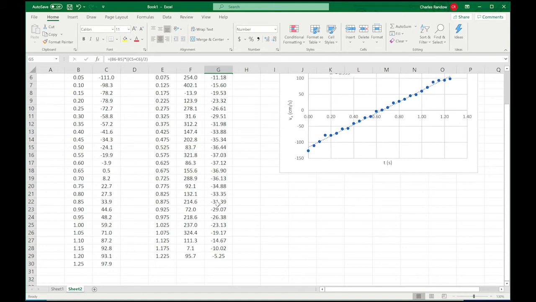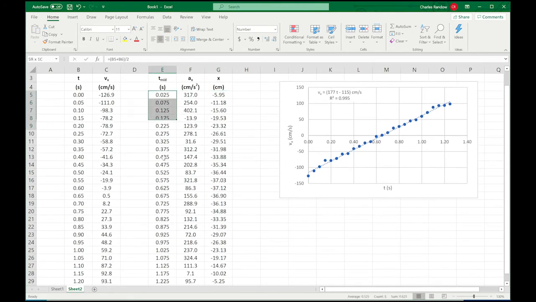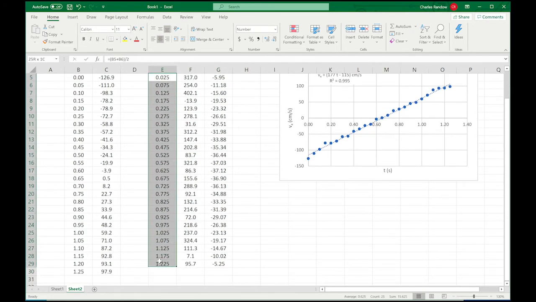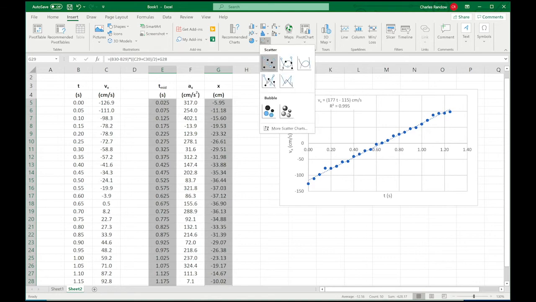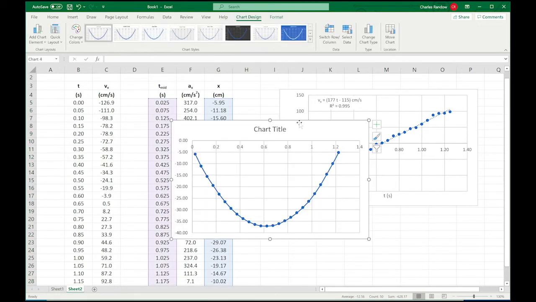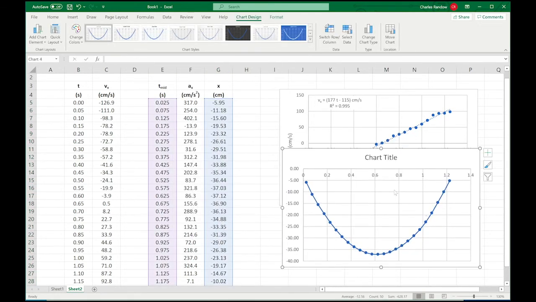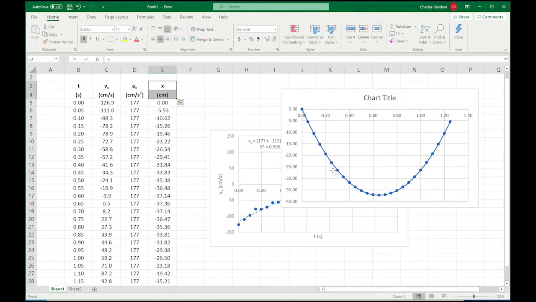I can now plot this by selecting these two columns, insert, and we get something like this. And this looks very similar to what we got before on the first sheet, when we integrated the curve fit. And if you notice, the integral looks much nicer.